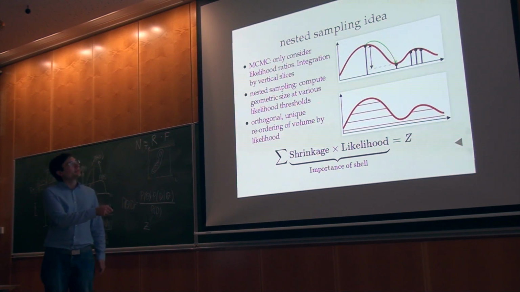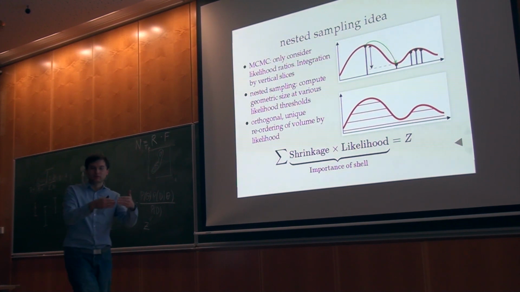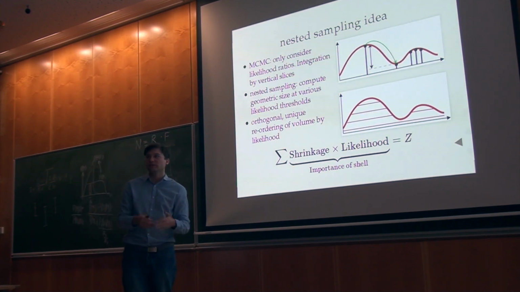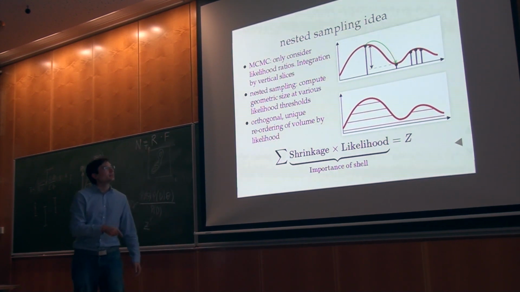In MCMC and in grids, what we try to do is we have the parameter space here and the likelihood here. We try to take slices, we try to grid somehow, and get the width and the height. And then slicing it up this way, we know this part of the parameter space has this weight and so forth. Nested sampling works differently.